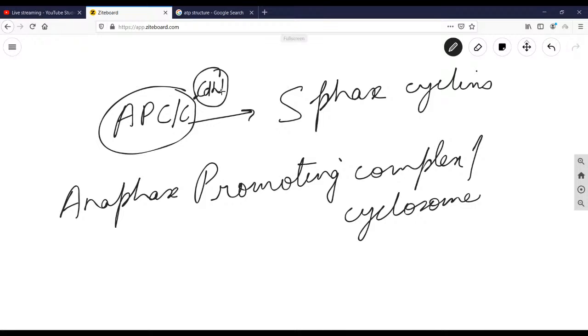The thing is, why are S phase cyclins being degraded? Now, if they are not degraded, suppose APC/C-CDH1 is absent, what can happen?